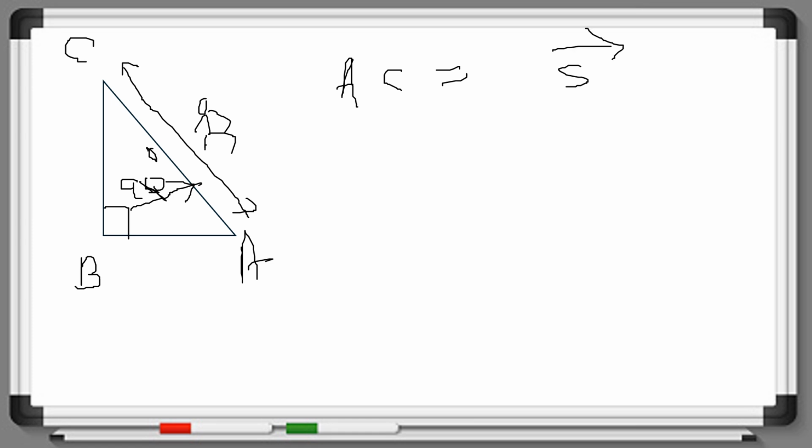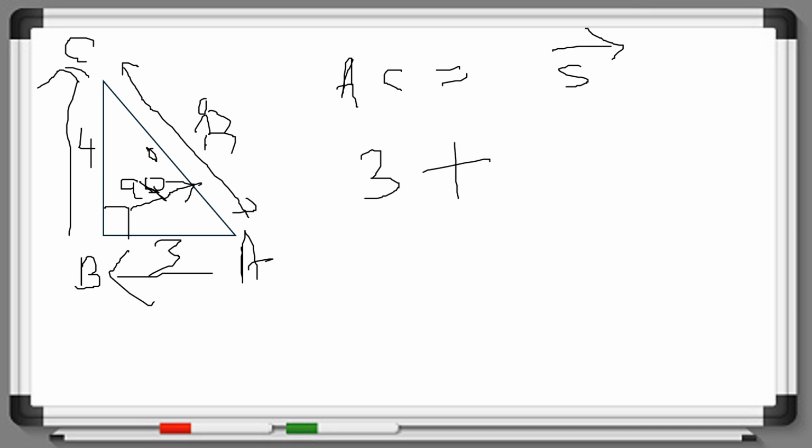But if I want to calculate the distance, I have to find out if we move in the car from A to B. Suppose it is 3 kilometers. Then from B again we move to point C. Suppose this is 4 kilometers. So the distance covered by the body is AB, that is 3 kilometers, plus BC, that is 4 kilometers. 3 plus 4 is nothing but 7 kilometers.